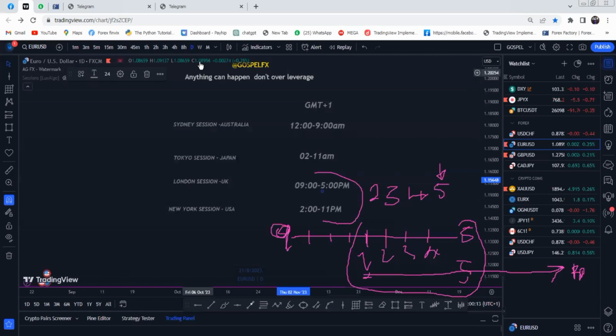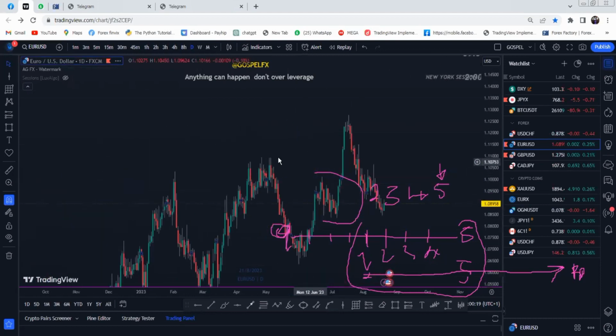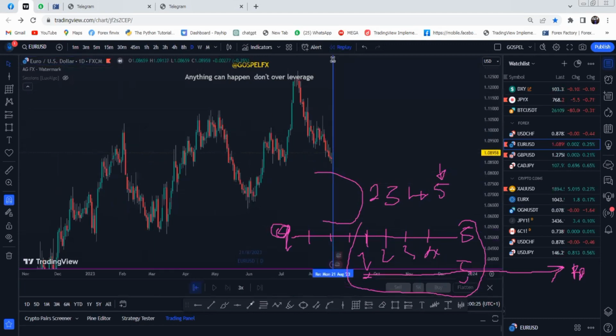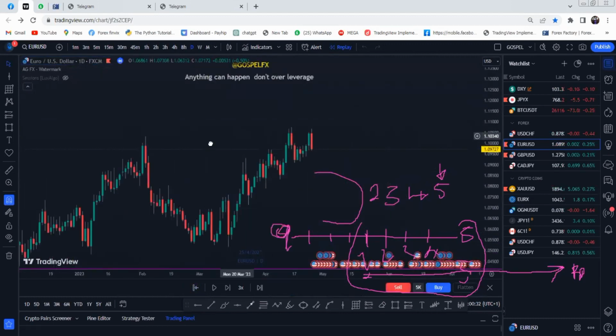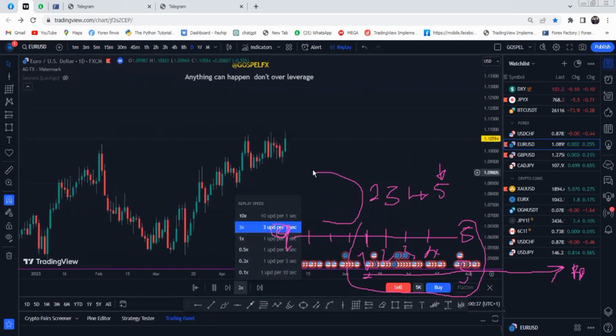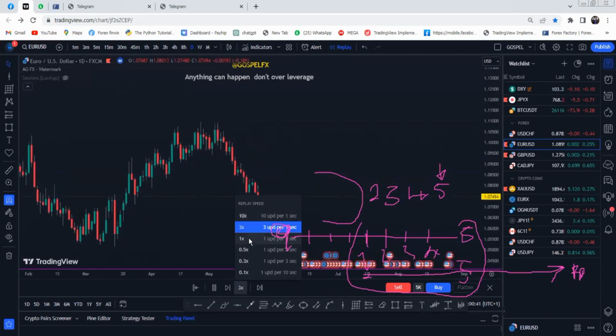Let me give you an example of how price actually moves during the time of the London session. Let's say it can move something like this. No, this is too fast.